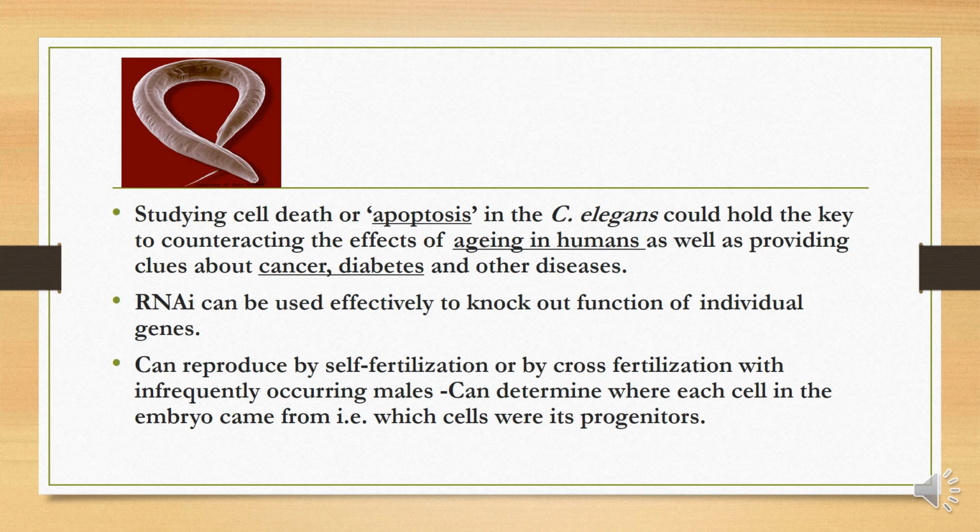It can reproduce by self-fertilization or by cross-fertilization with infrequently occurring males, and we can determine where each cell in the embryo came from, that is, which cells were its progenitors. So progenitor cells can be easily known by observation or also by self-fertilization and cross-fertilization of C. elegans.